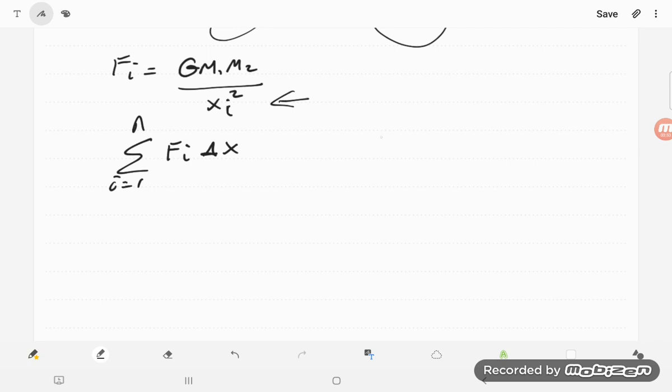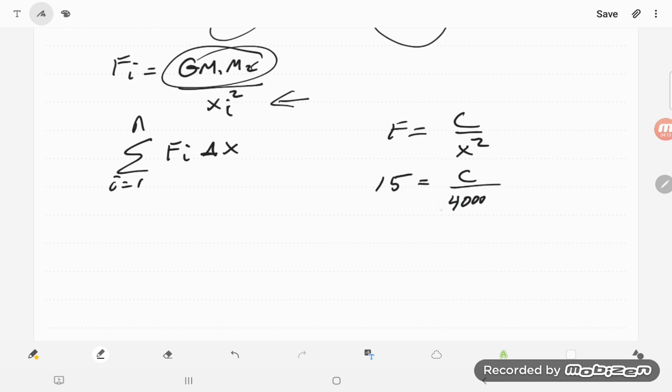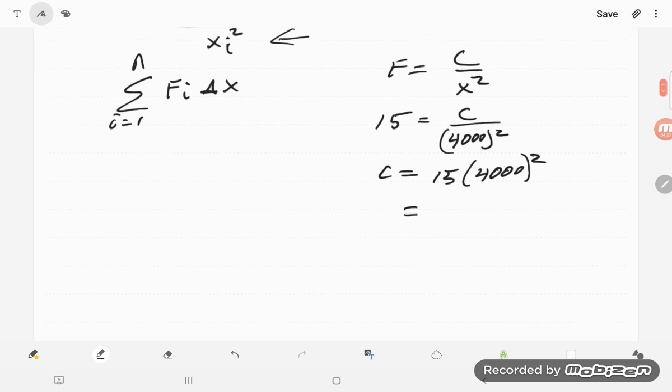Okay, so we know that F equals, and they just throw all that together into a C, so C over x squared, and we have 15 metric tons on the surface of the Earth, and they're saying the radius of the Earth is 4,000 miles, so we square that, and we get that C is equal to 15 times 4,000 squared, which, again, I'm just reading from the text, and that is 240 million.